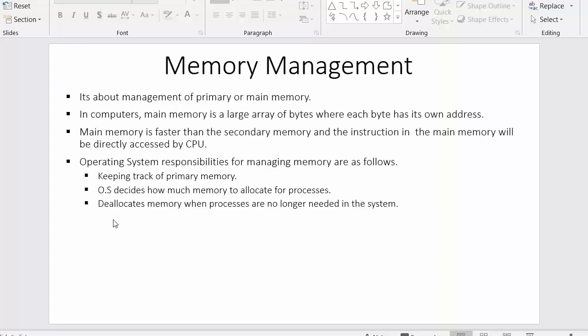Okay, so the first point says it's about management of primary or main memory. This memory management is all about how the operating system manages its memory. Since the primary memory, which we call main memory, is located very near to the processor, if the processor wants to execute any instruction, it has to be loaded from the main memory only.